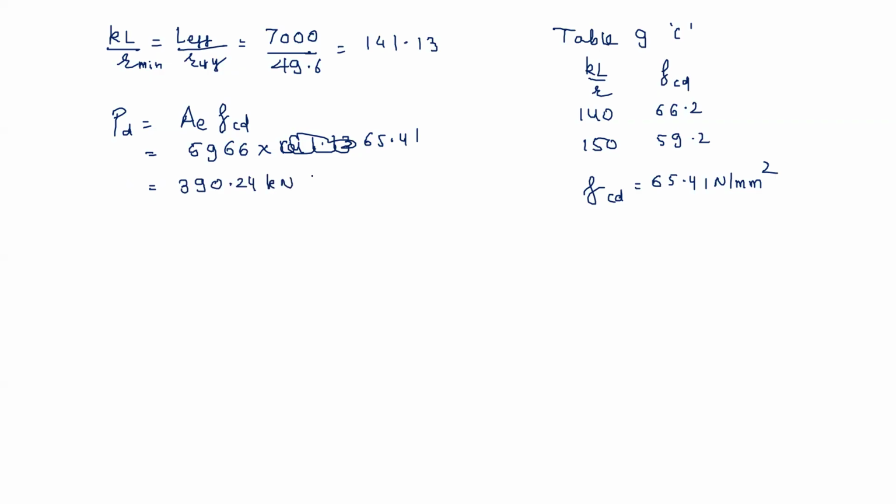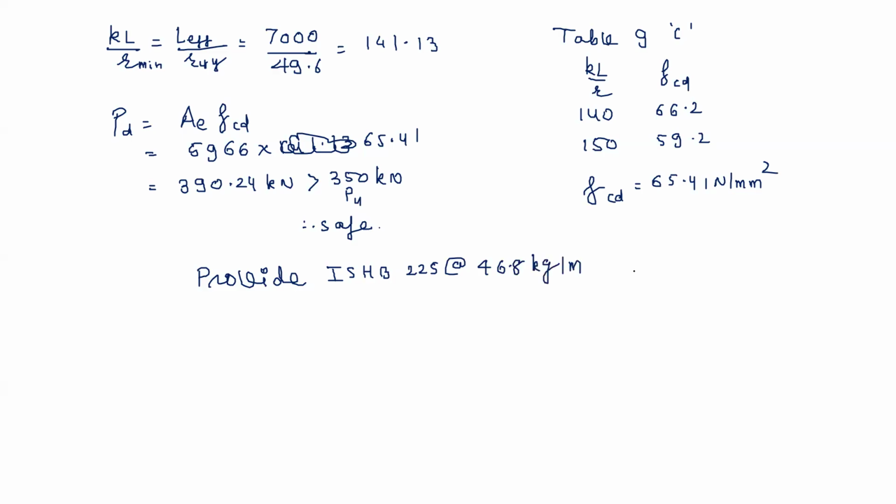This value is greater than 350 kilonewton, which is Pu, and therefore safe. So provide ISHB 225 at 46.8 kg per meter as a column.